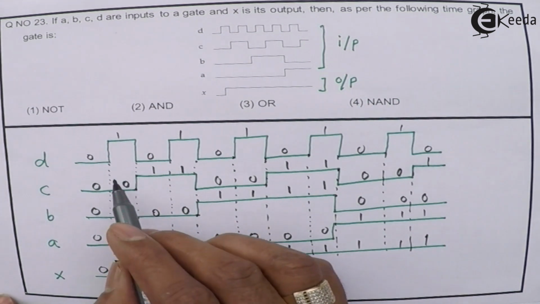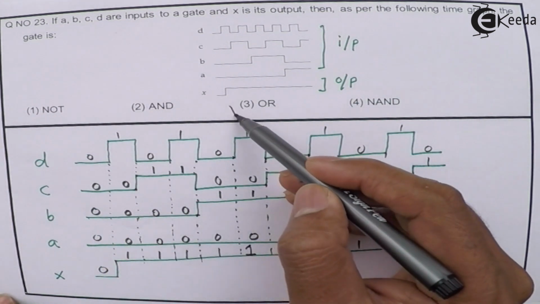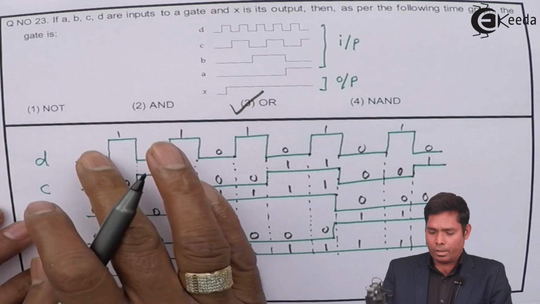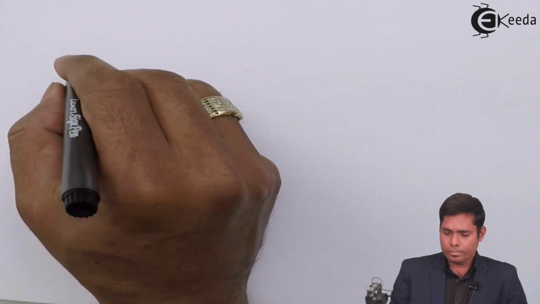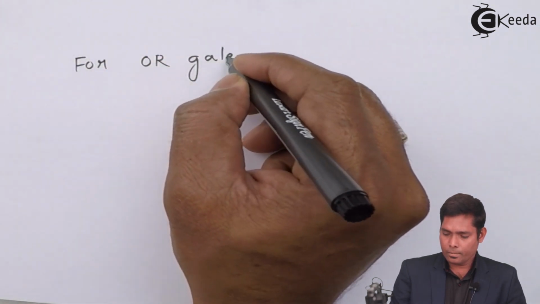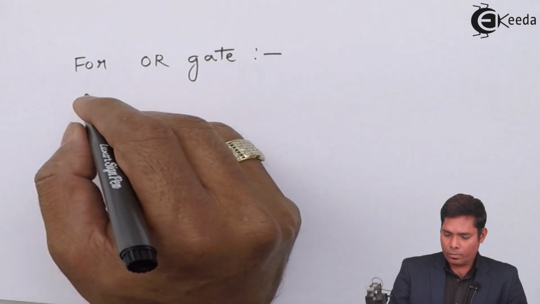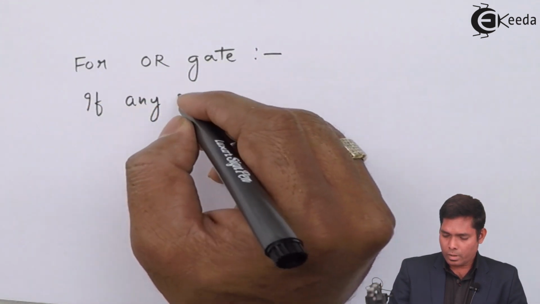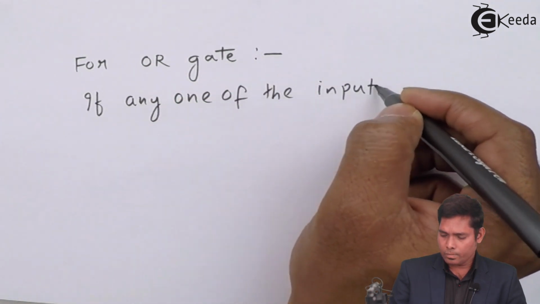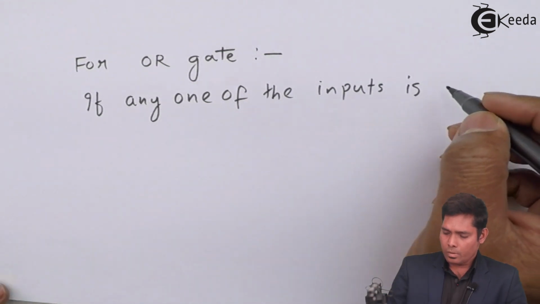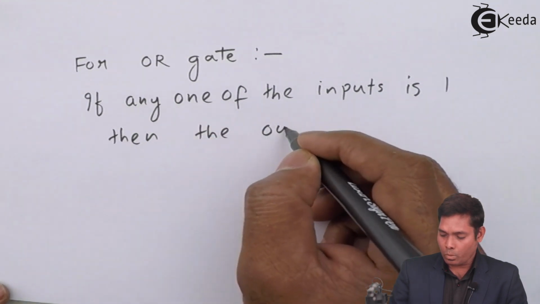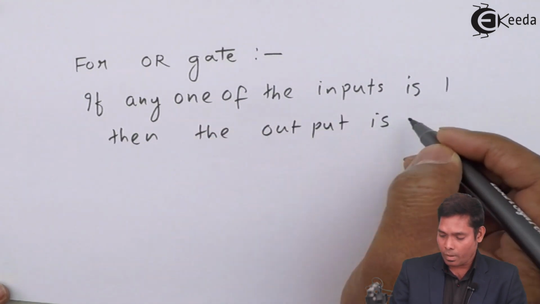So what we are getting is an OR gate, because for an OR gate, if any one of the inputs is 1, then the output is 1.